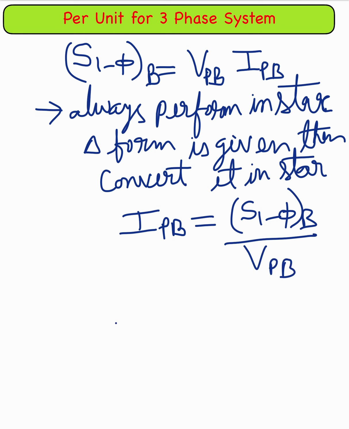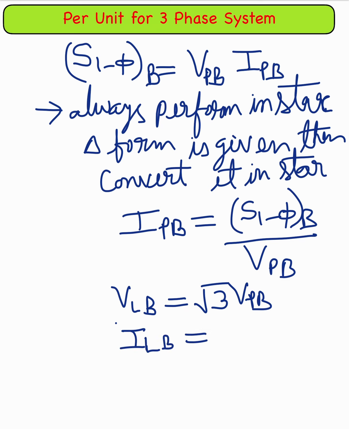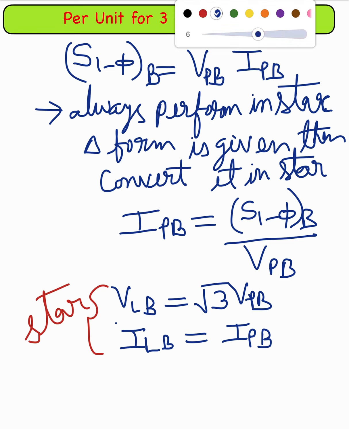But we know that star connection, so VLB is equal to root 3 VPB and ILB is equal to IPB, and that is for the star connection. Next, so the per unit phase voltage.